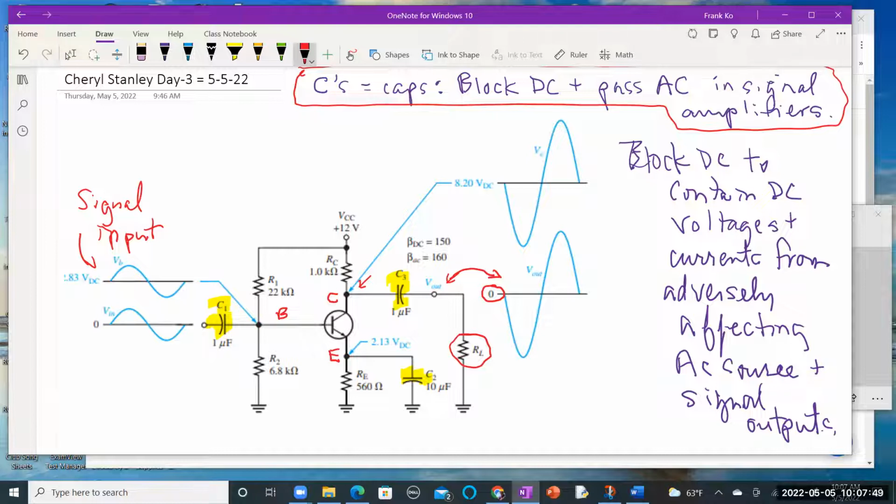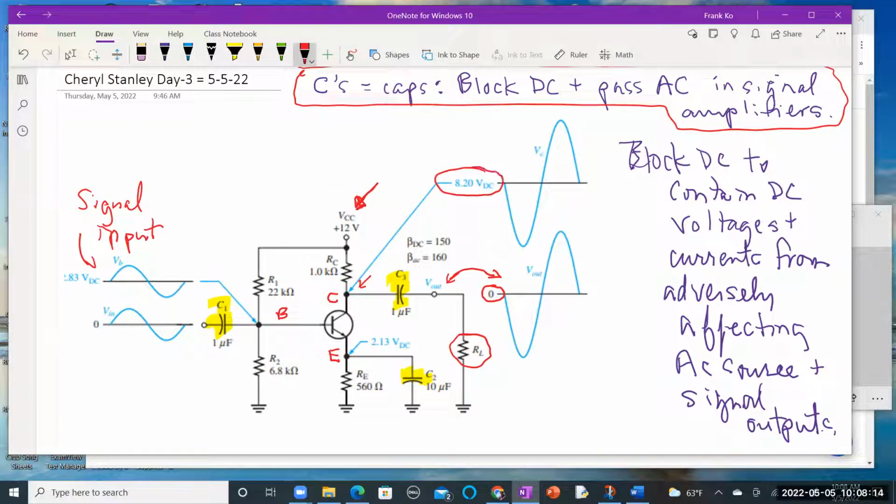Whereas if we measure at point C, right at the collector on the left side of the capacitor, there's DC there. There's all kinds of DC happening within that transistor because we have a DC source right there. The DC source provides the biasing, which turns on the transistor. And so on the left side of C3, we have some DC voltage, which is revealed right here.